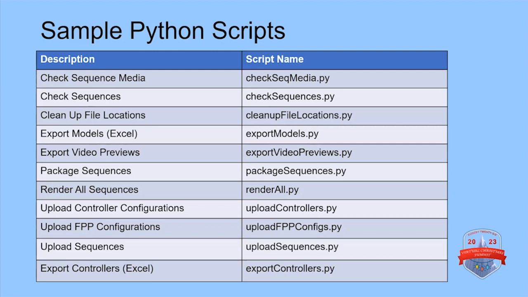Export controllers is something that I've been working on. What this does is it takes the information that's in the networks XML as well as the get controllers REST API and puts this into a spreadsheet format. The test environment I have may have 25 or 26 controllers. I tried to pick a controller from each vendor.